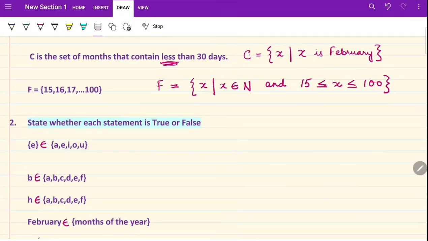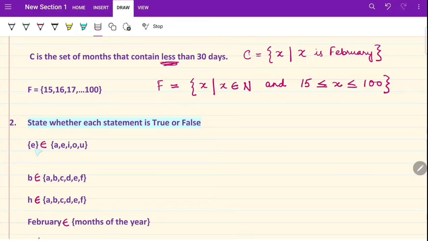Now, the next set of questions is to go through the statements and determine whether they are true or false, and we will also give an explanation of why. So the first statement says {E}, surrounded by curly brackets, belongs to the set A, E, I, O, U. This statement is false, so let me explain why.